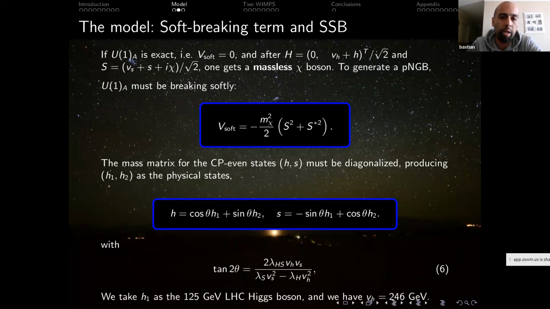Actually, our previous work to this one studied multi-component dark matter too, so it was a kind of inspiration to continue in this line of two dark matter components at the same time. In order to generate a mass for the imaginary part of the scalar, we introduce this operator.